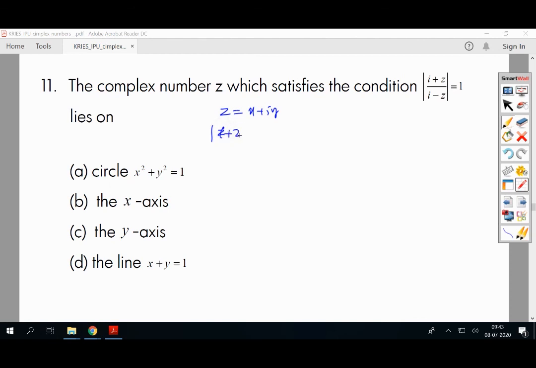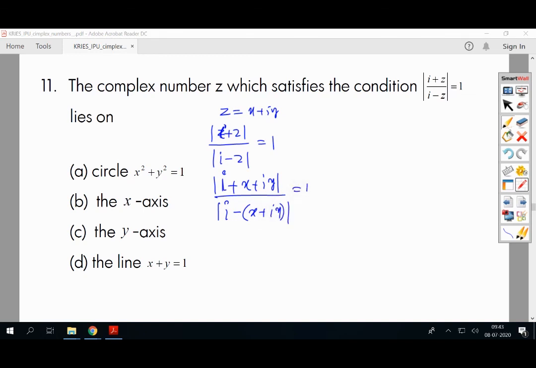I am just using the property of modulus. Now what you can do here, modulus of I plus z is nothing but I plus x plus iy divided by modulus of I minus z. So I minus of x plus iy is equal to 1 ಬರ್ತಾ ಇದೆ. ನೋಡಿ ಇಲ್ಲಿ I will straight away apply the modulus, otherwise if you don't recognize that, let me write another step, ಇನ್ನೊಂದು step ಬರೆಯೋಣ ಇದಕ್ಕೆ.